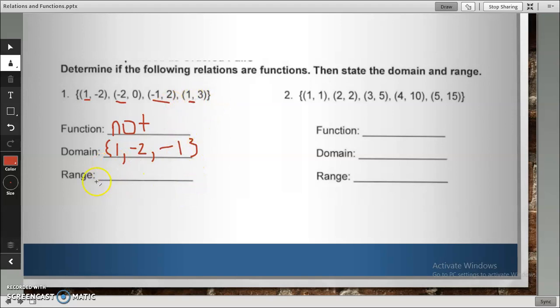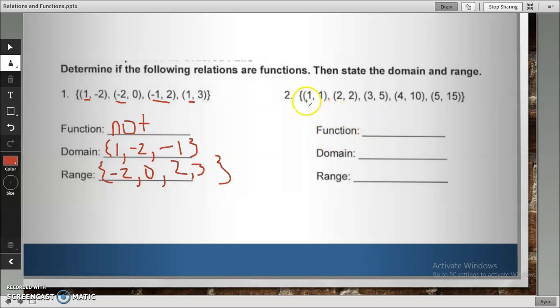I don't need to put that again. The range, I have -2, 0, 2, and 3. Let's put this in the correct order this time. So we'll do -2, 0, 2, and 3.